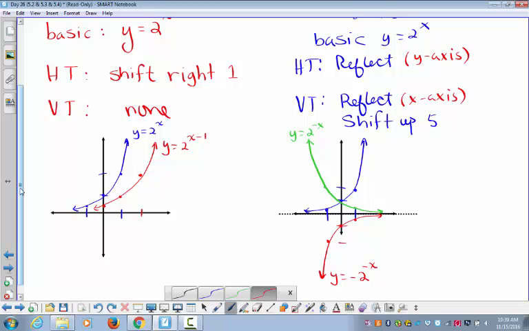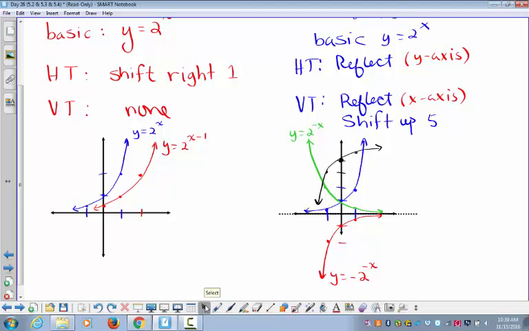All right, and then our last is to shift up 5 units. So up 5. 1, 2, 3, 4, 5. And so we move it over a little bit, and this way, and down 1. Okay, and now the graph shifted up 5.